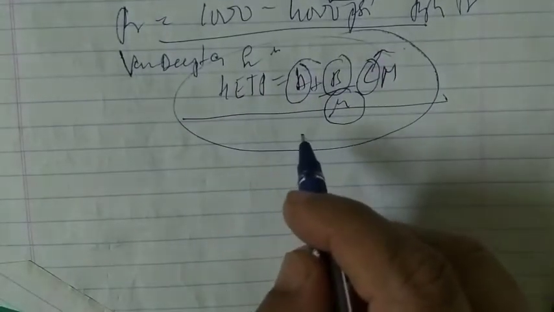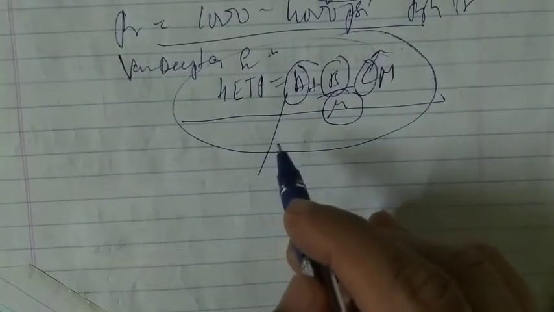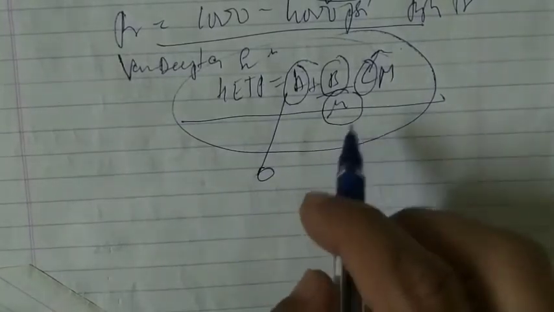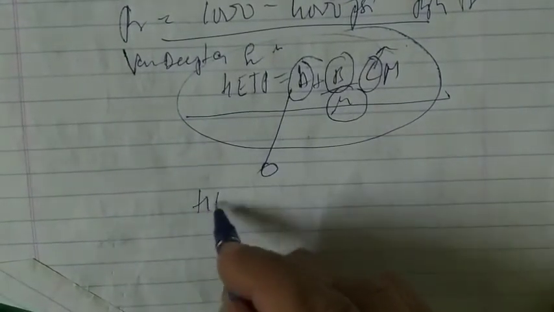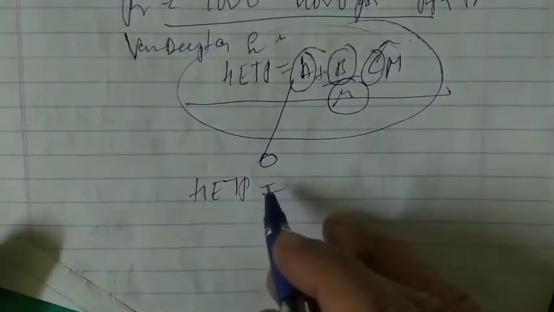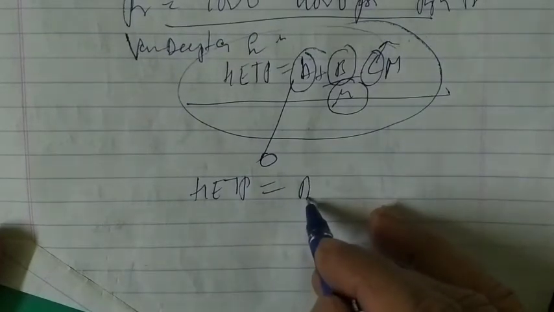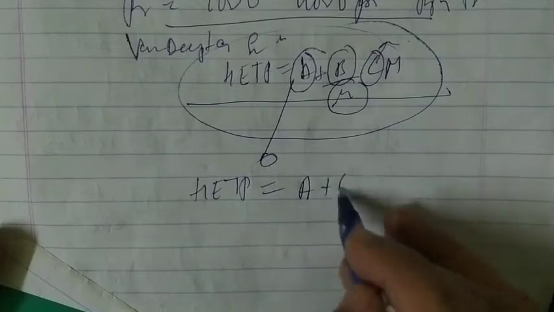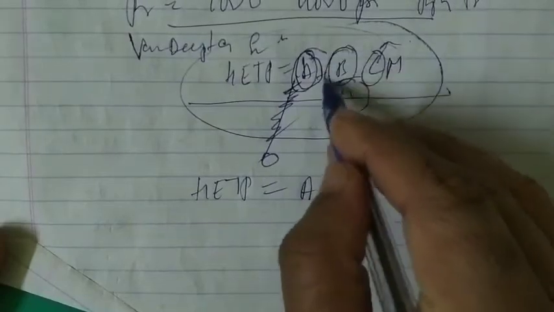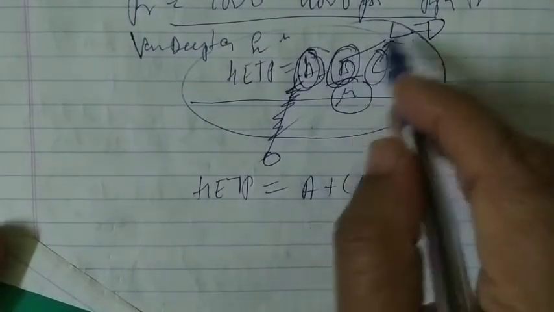But if you see in HPLC, what is A? Eddy diffusion, as I said, is low, so you can take A as negligible, that is 0. I think it is B, longitudinal diffusion, that is 0.